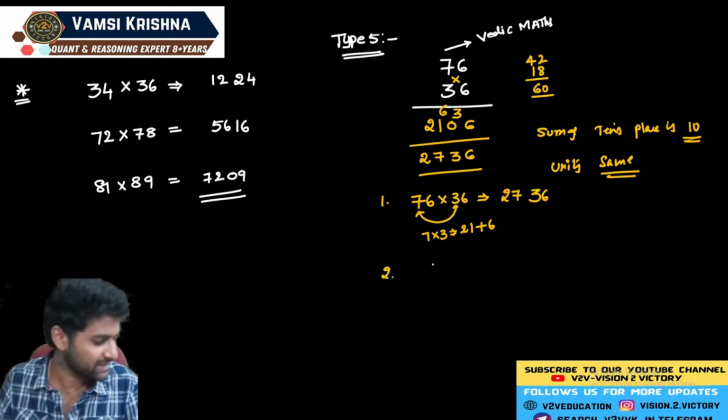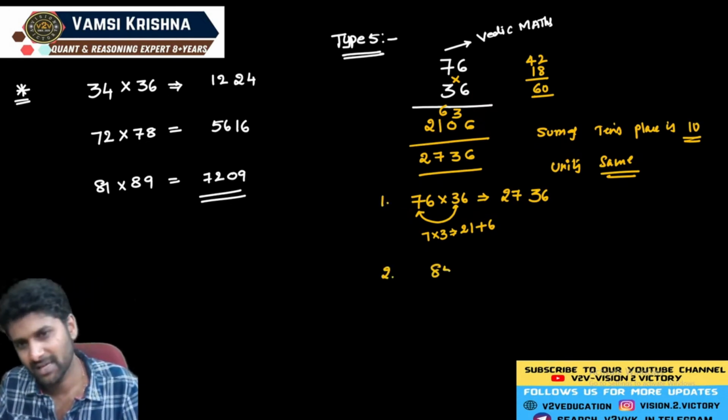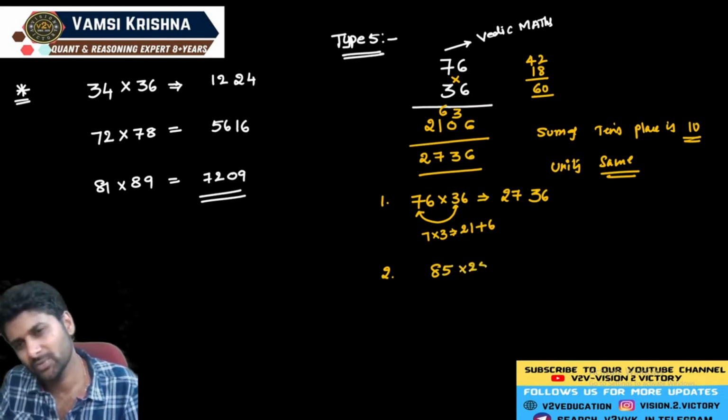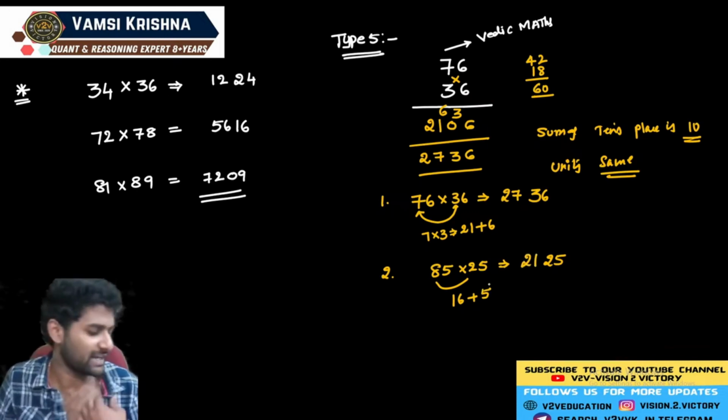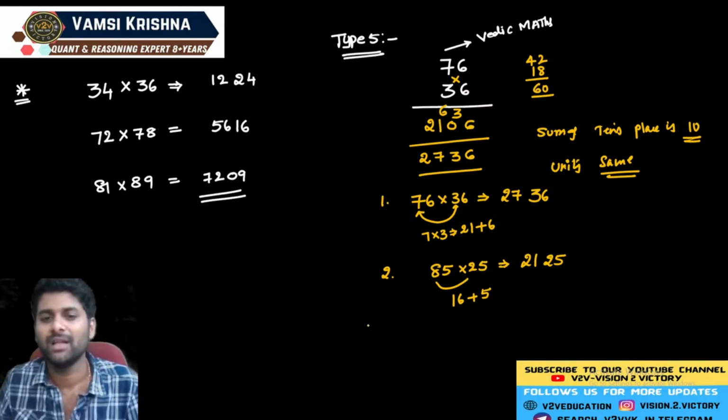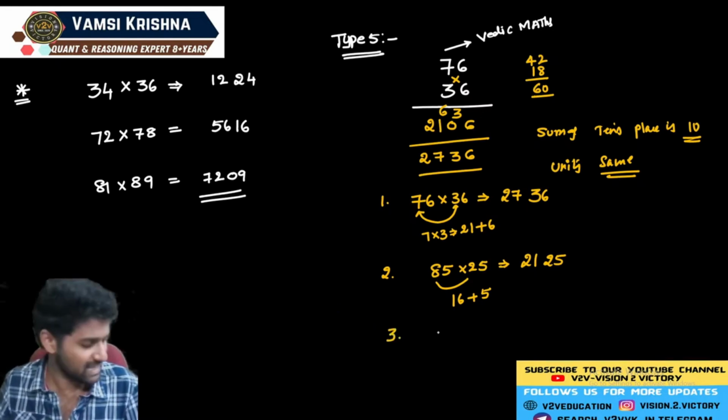Let me take one more example to understand this. 85 is multiplied by 25. Now you already know that 5 fives are 25, and 8 twos are 16. Common number in units place is 5. Resultant is 2125. Now you just tell me what is the answer for this question.